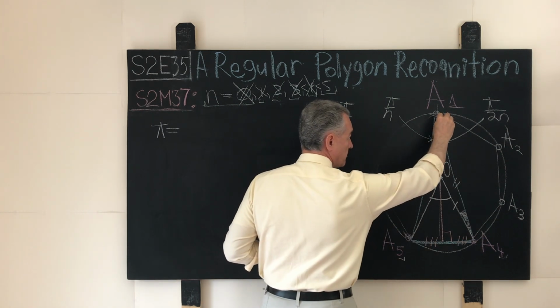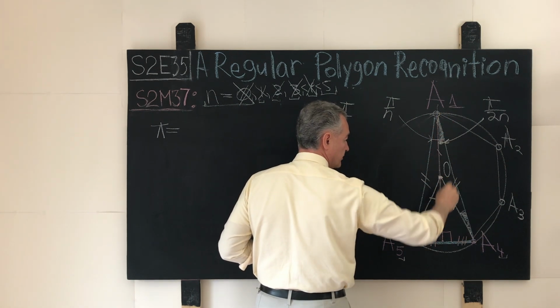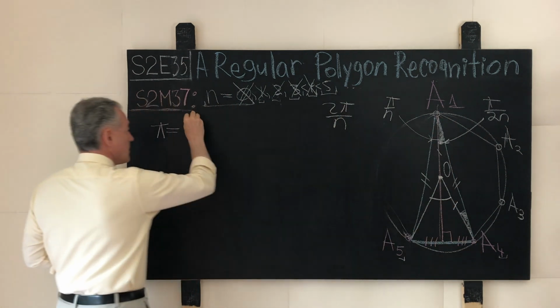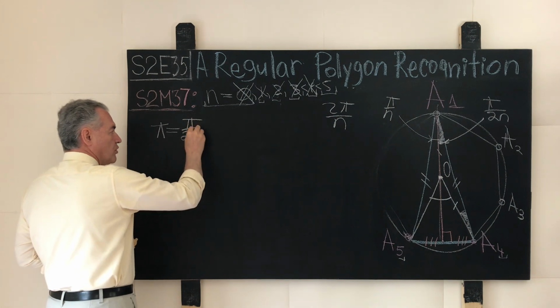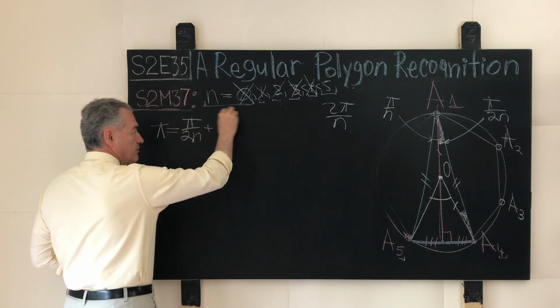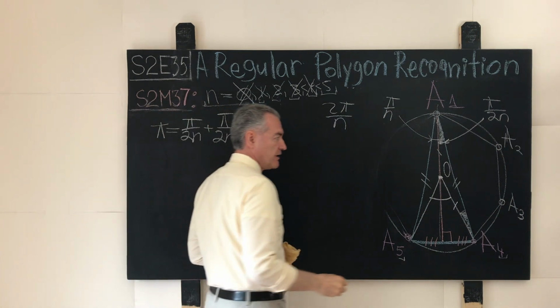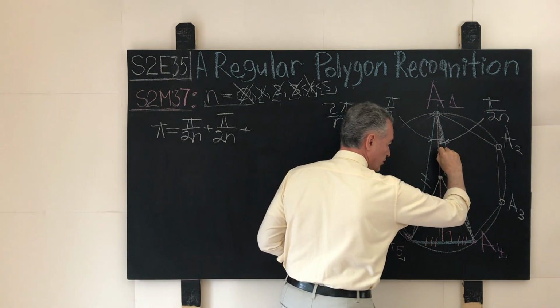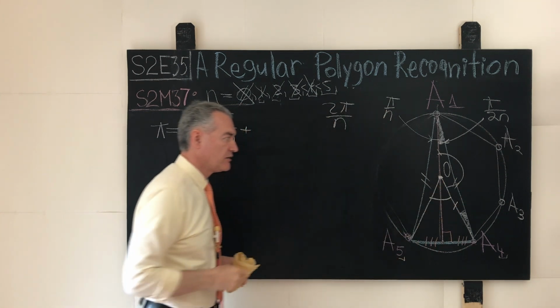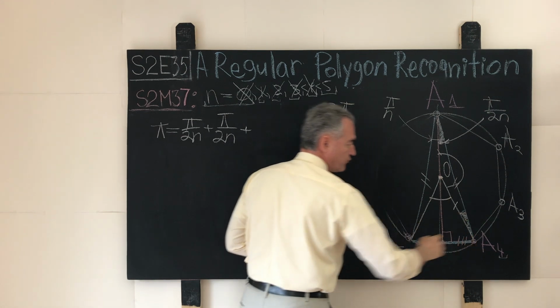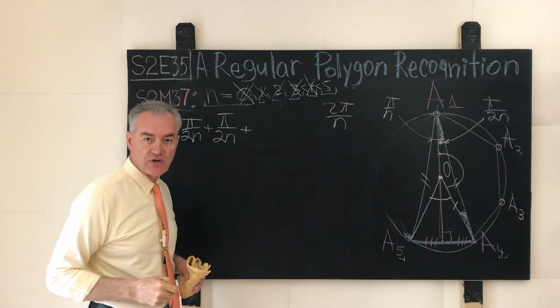Well, that means that pi is the magnitude of this smaller angle here, let's say O, A1, A4, which is pi over 2n, plus another pi over 2n, plus the magnitude of the central angle shown over here, this large angle A1, O, A4. What can we say about the magnitude of that angle?